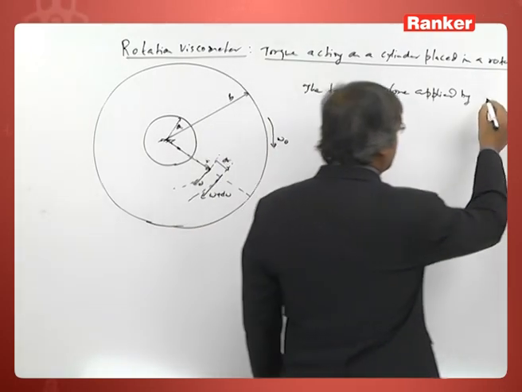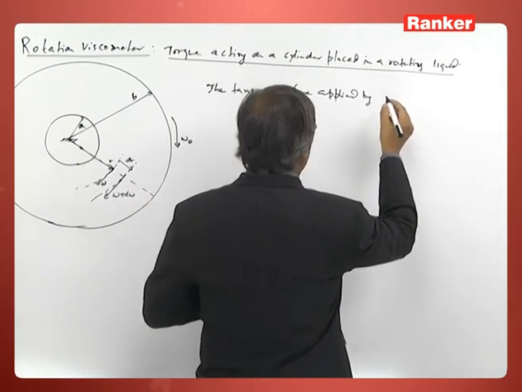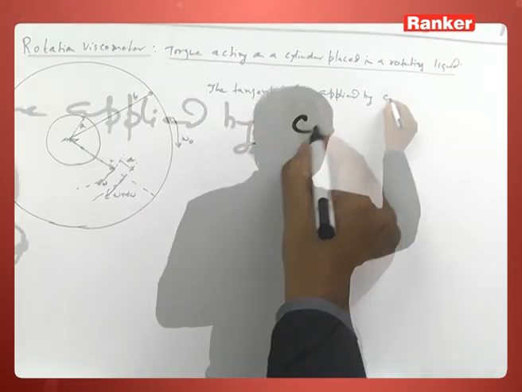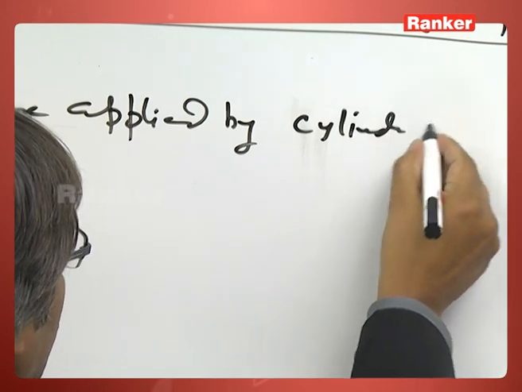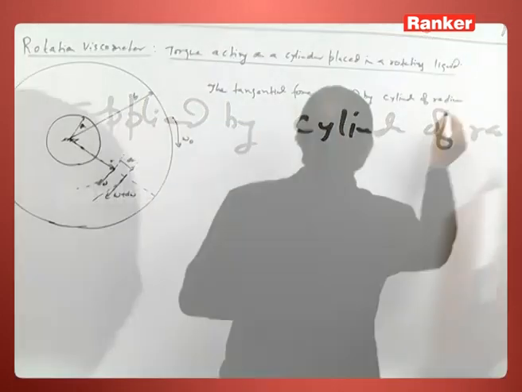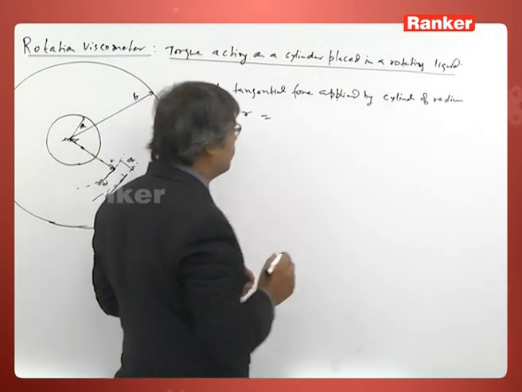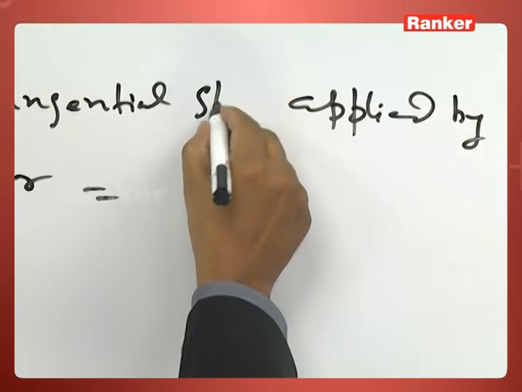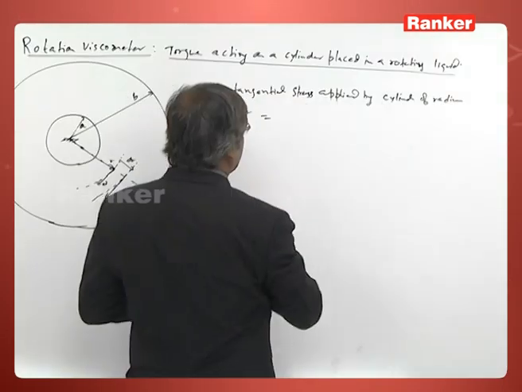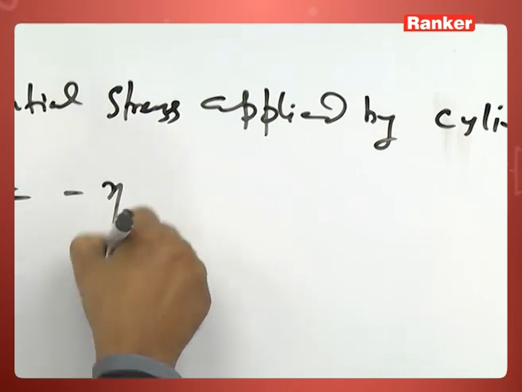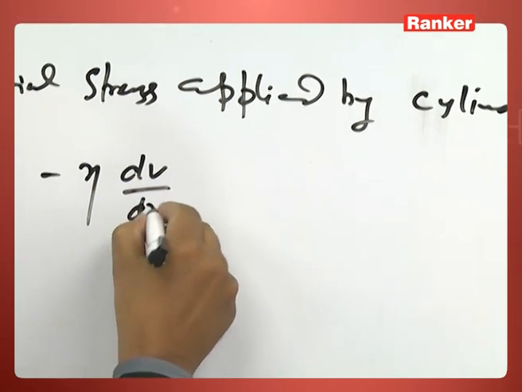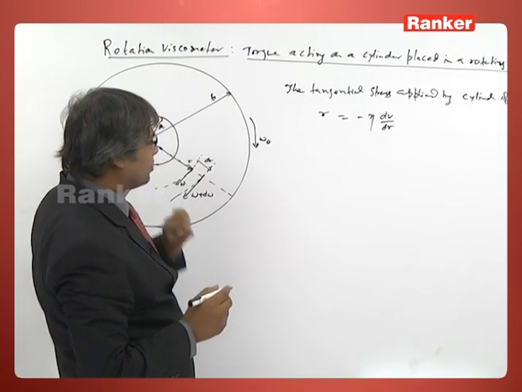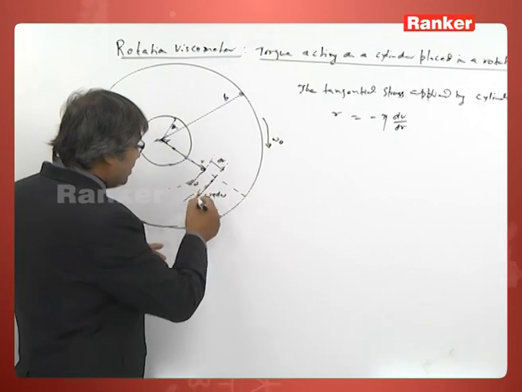So, the tangential force experienced by the cylinder of radius r will be equal to, so let us see not tangential force but stress, tangential stress, that will be given by minus eta dv by dr. So, how radially the velocity will change, the linear velocity, but I have been given omega.